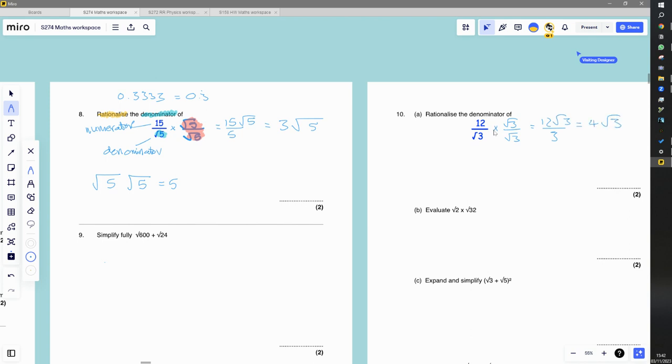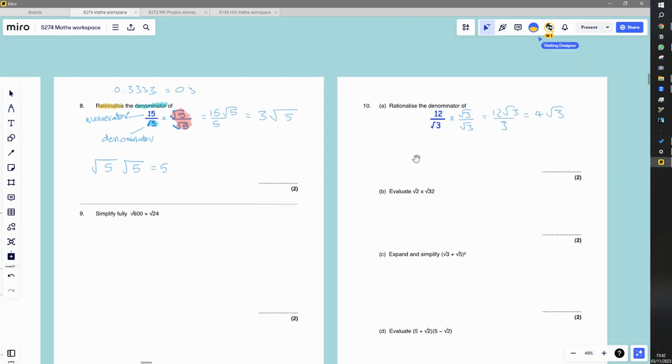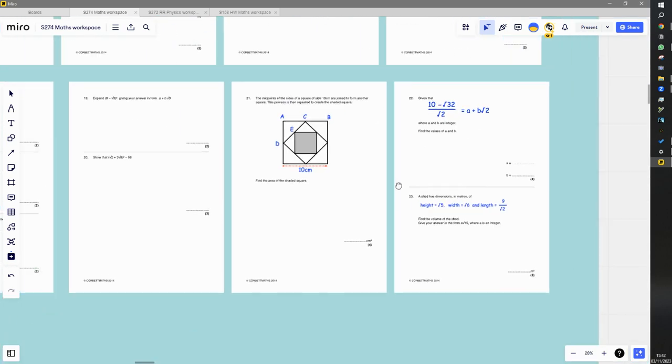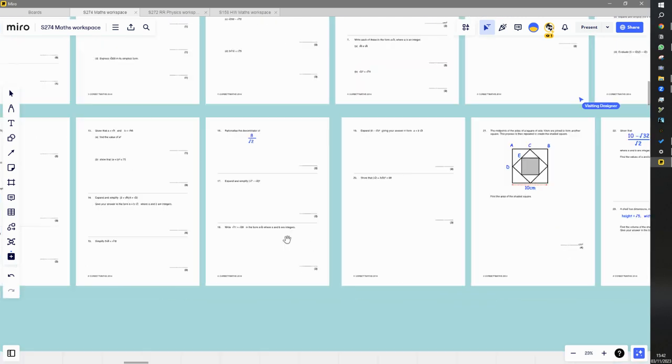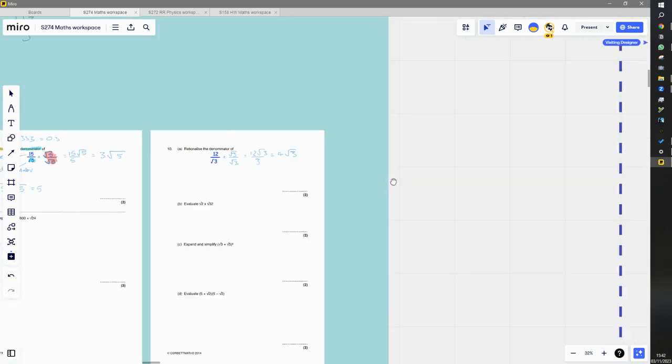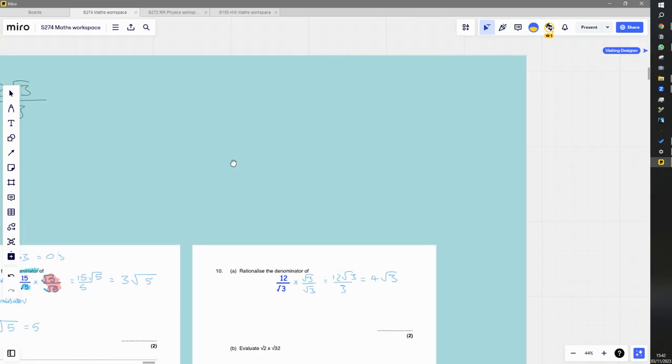So 4 root 3. Now, that's the first level of difficulty when it comes to rationalizing the denominator of a surd. I don't think this worksheet has the next level of difficulty in it. So I think I will have to come up with my own question on that.